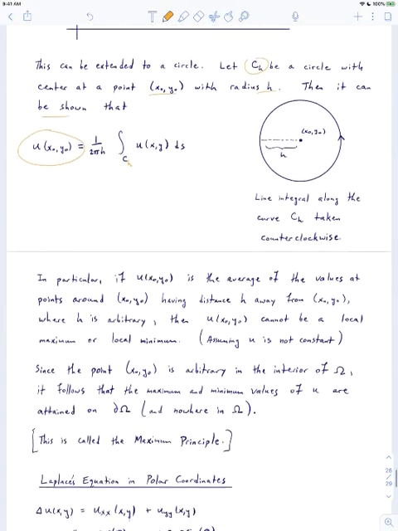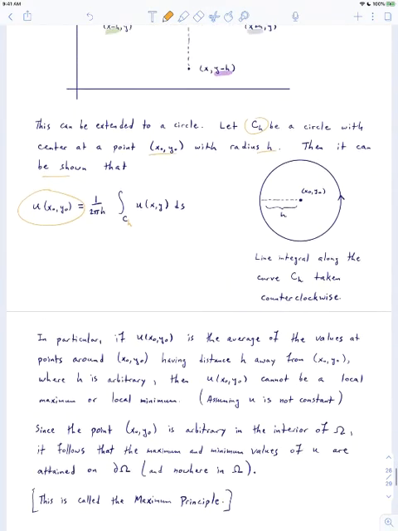So in particular, as it says here, if u at x0, y0 is the average of the values of the points around x0, y0, having distance h away, where h is arbitrary, then in particular, u at x0, y0 cannot be a local maximum or a local minimum, because it's the average.